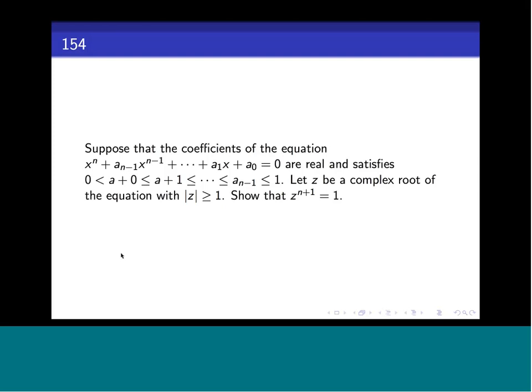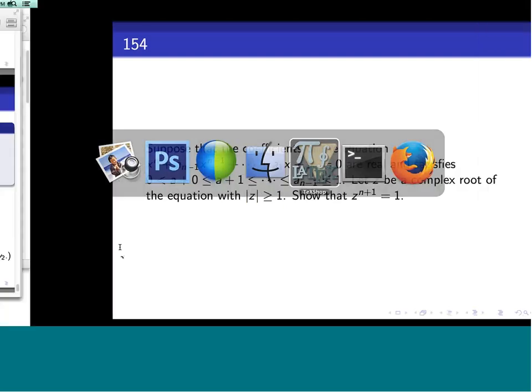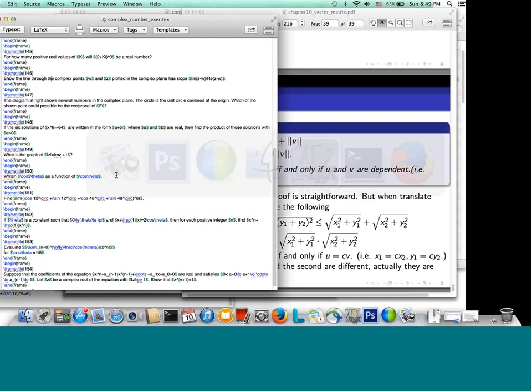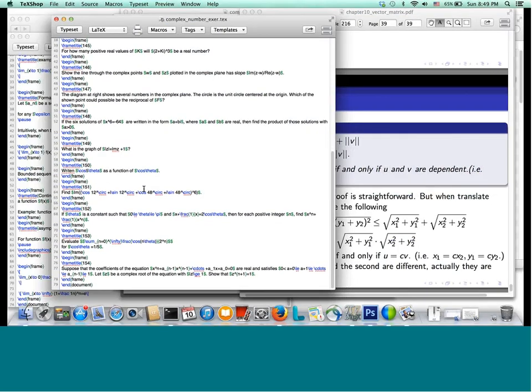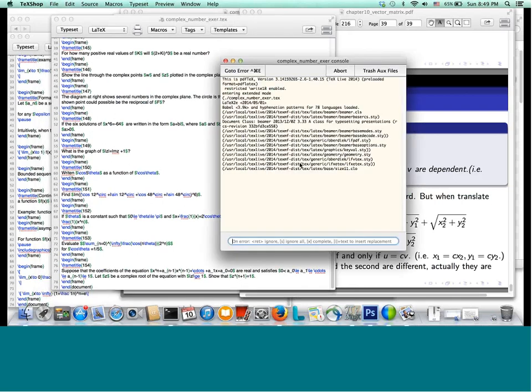It should be A0, then A1. Fix it. A0 less than A1, like this. This is correct.